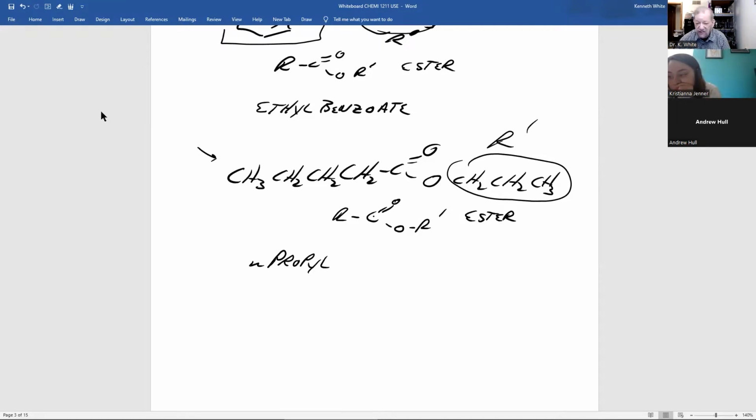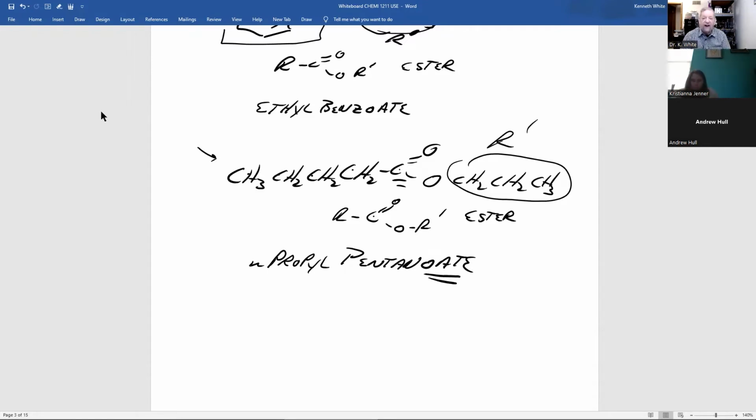Then, using the student's way, 1, 2, 3, 4, 5, longest chain with the carbonyl carbon, 5 carbons, pentane. Drop the E, add OATE, and you have N-propyl pentanoate.